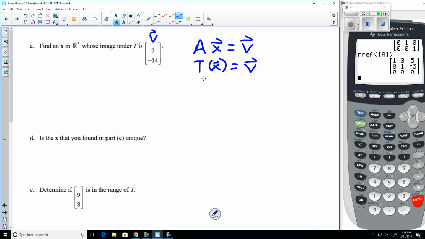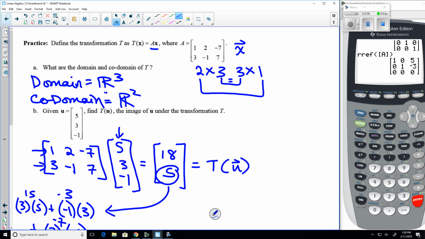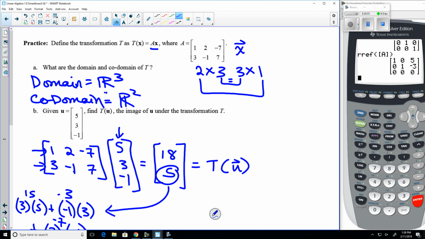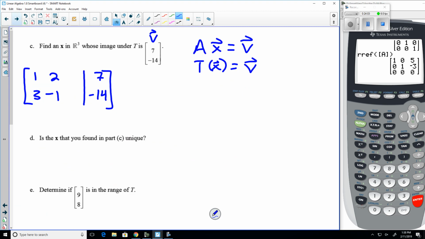So we're going to augment. So what is it? 1, 3, 2, -1. And -7, 7. Okay. I'm going to use the calculator here.